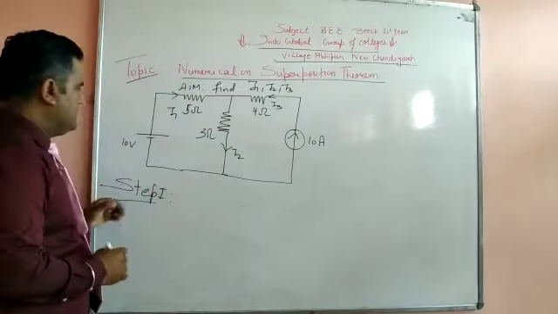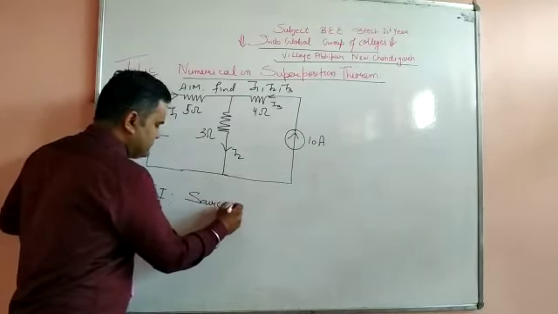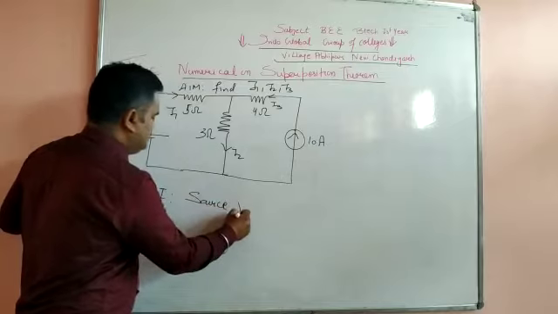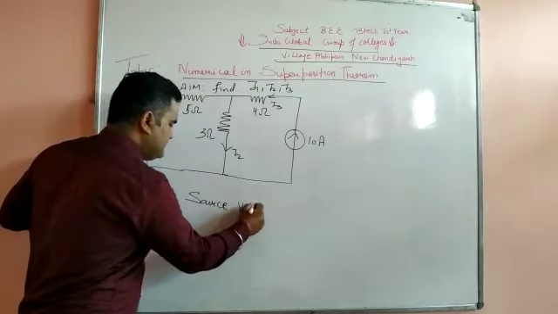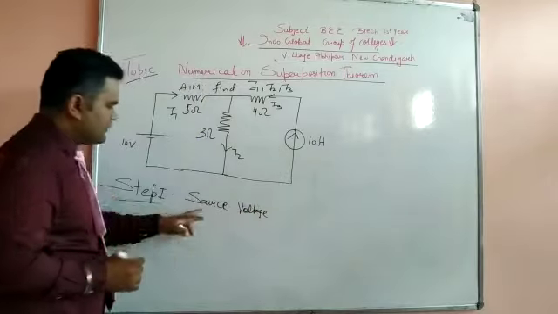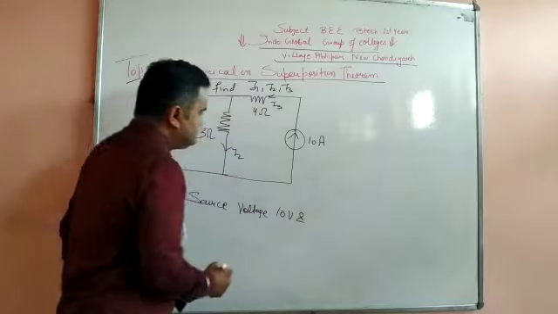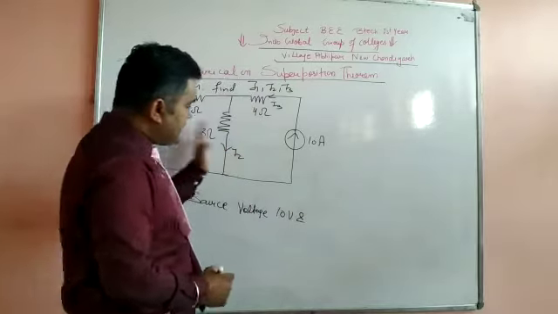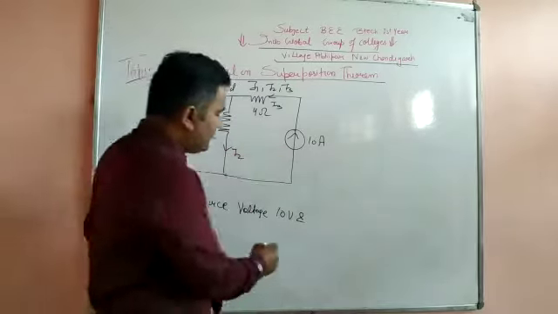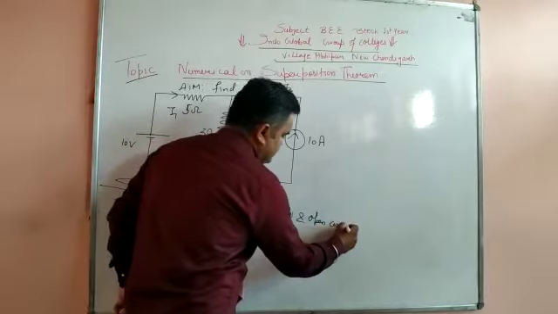Now step 1. In step 1, we will consider the source 1. We will consider the source voltage 10 volt, and the second source is a current source. Now you will open it. Open the current source.